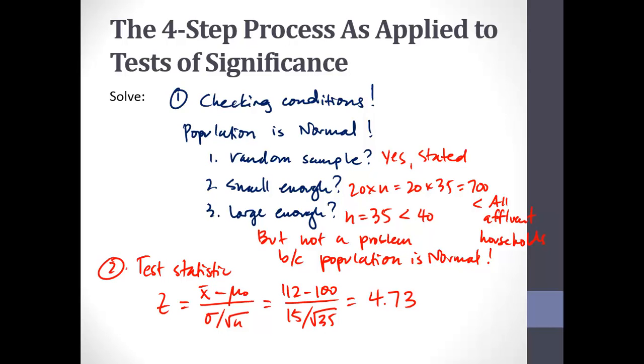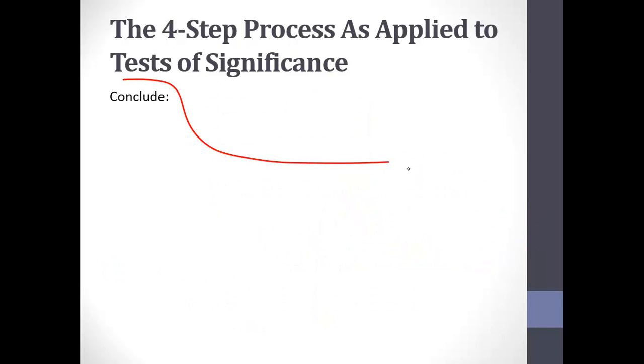So once we have our test statistic, if everyone's okay with that, then we are ready to find our p-value. Remember, z equals 4.73.